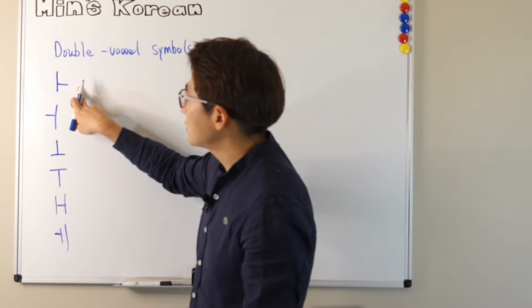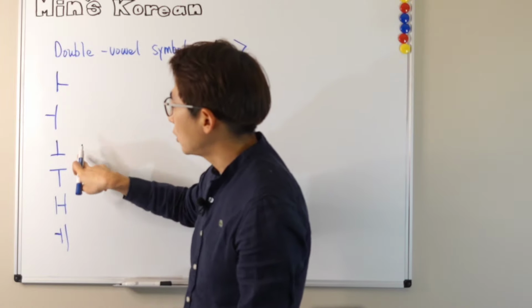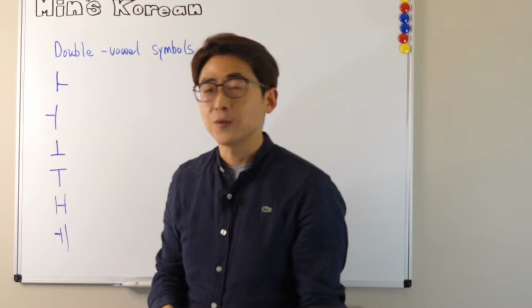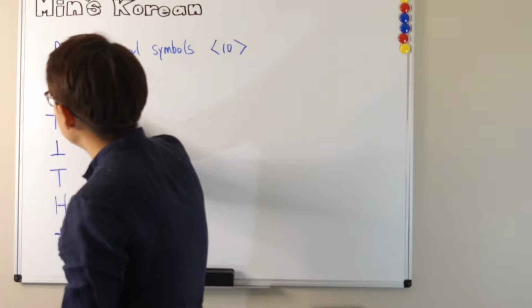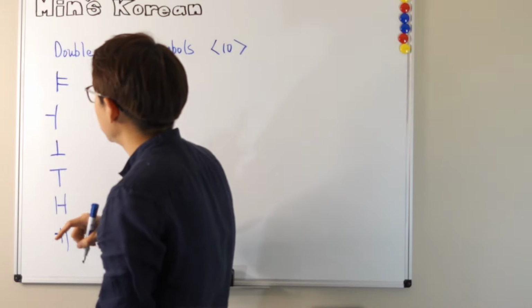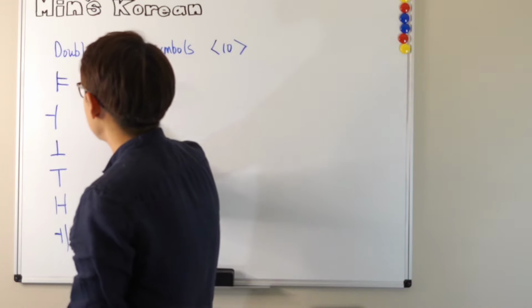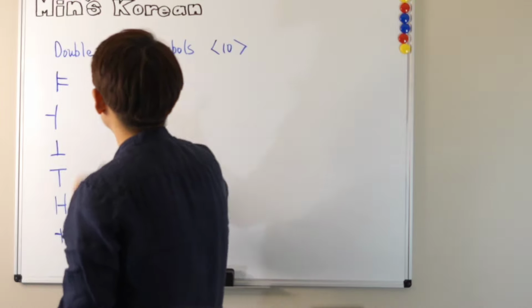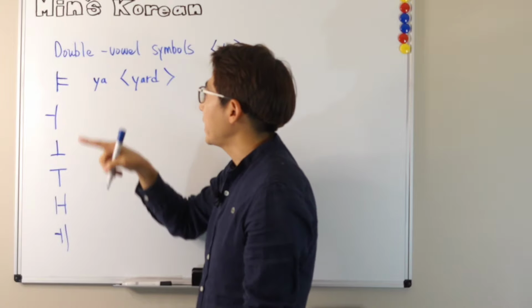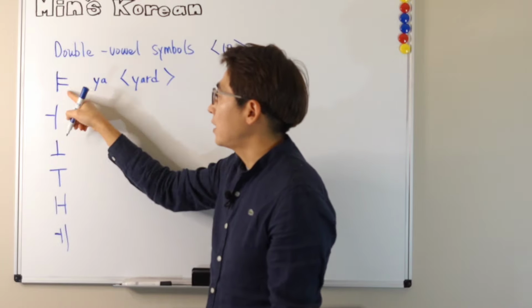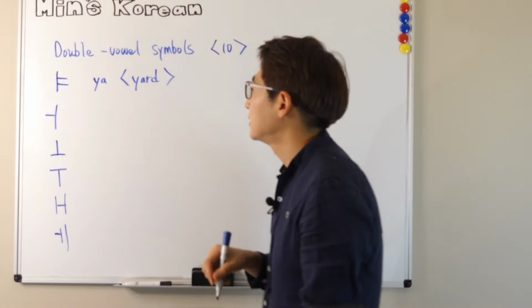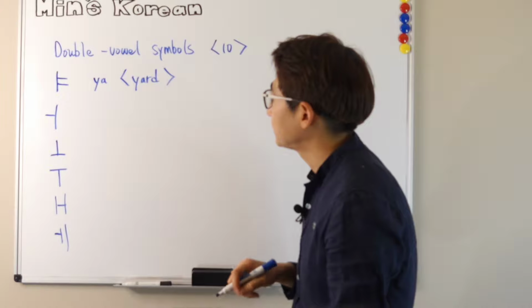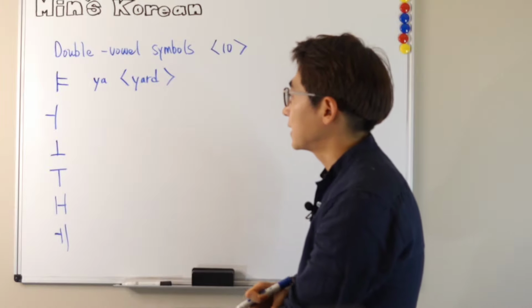So these ones were A, O, U, E, right? So we can add just a single stroke over here to make it into a ya, as in yard. Ya, Y-A, yard. So just like that, right?